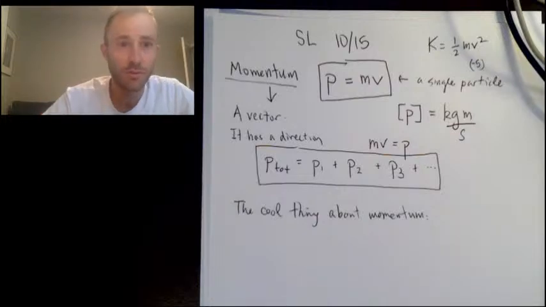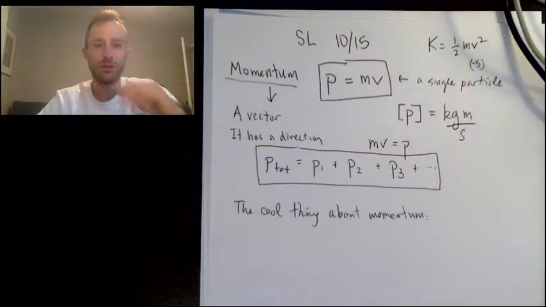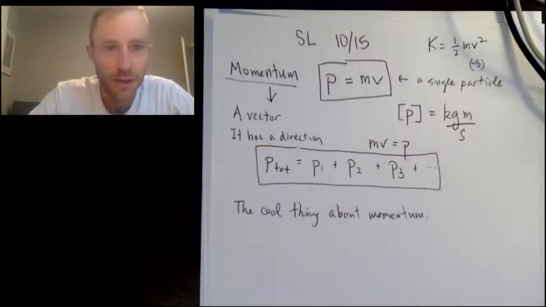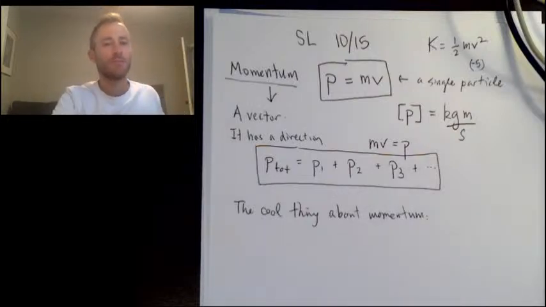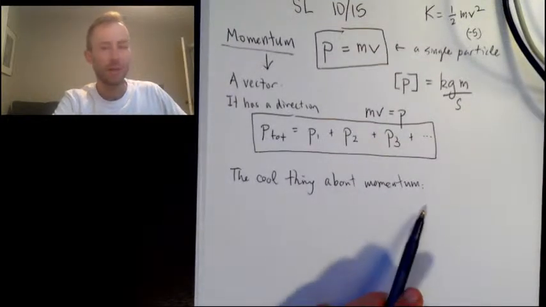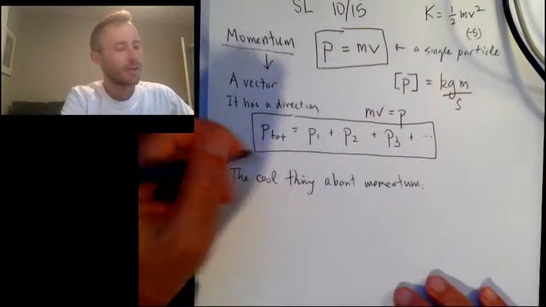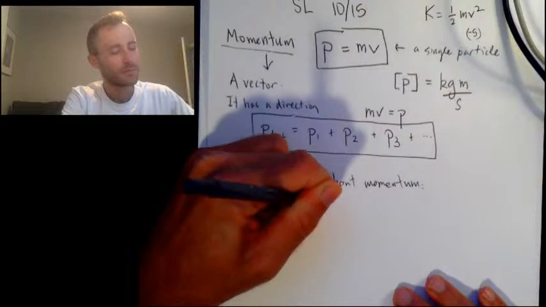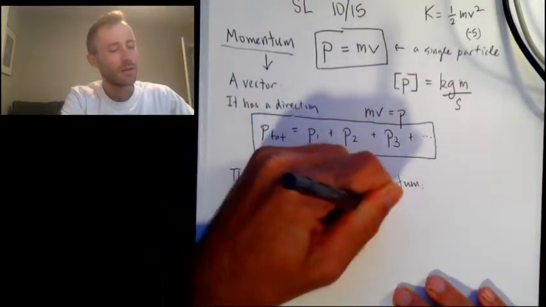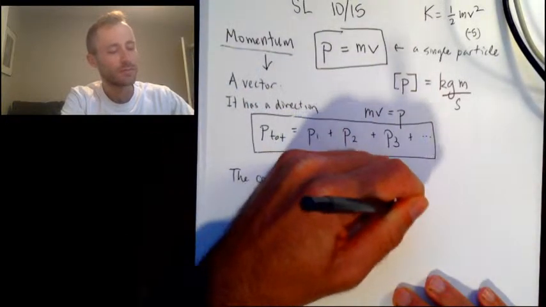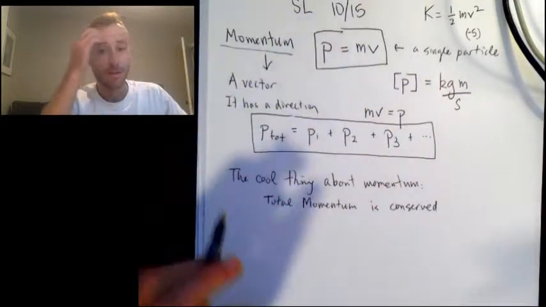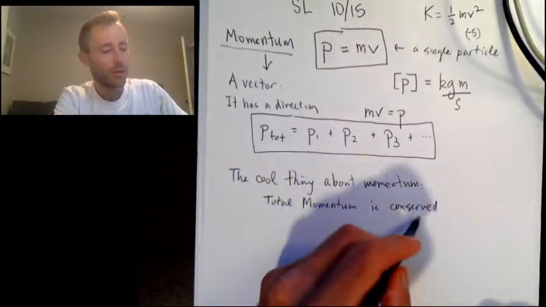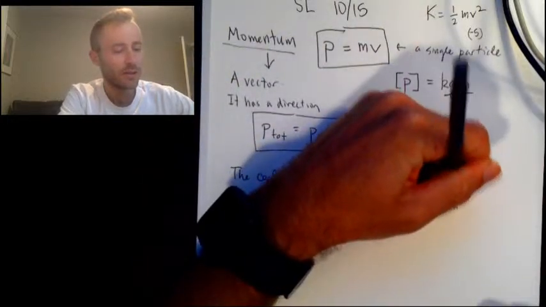Just like energy is cool because it lets you find the velocity of a roller coaster at the bottom of a ramp without worrying about the shape of the roller coaster track. Momentum is the same way. So the cool thing about momentum is that the total momentum is conserved in collisions.